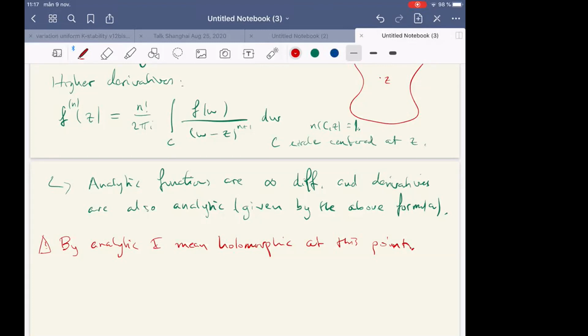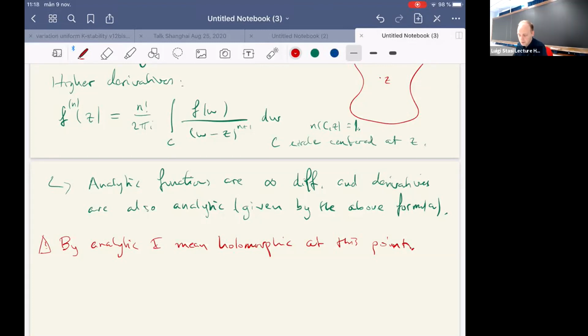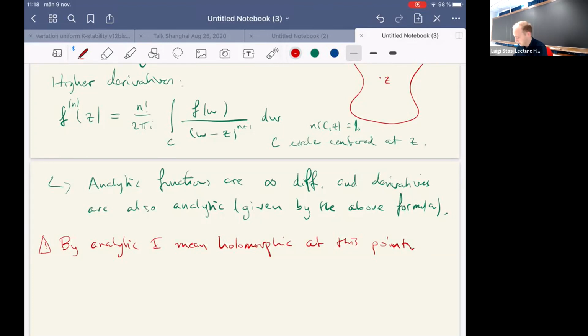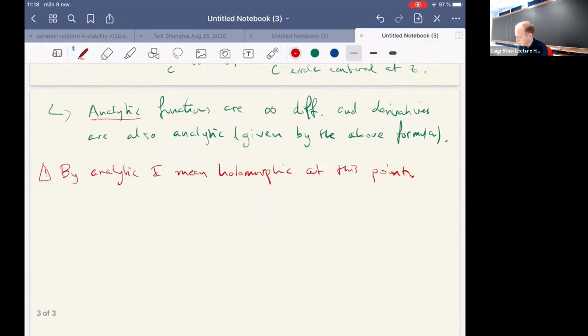Today we will prove, however, that holomorphic functions have a power series expansion at every point, which is what it means to be analytic, right? So after today, I will really not be cheating when I say analytic instead of holomorphic. Good point. Thank you for the remark.